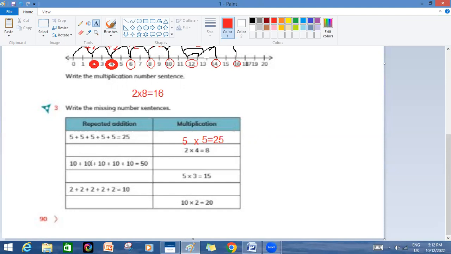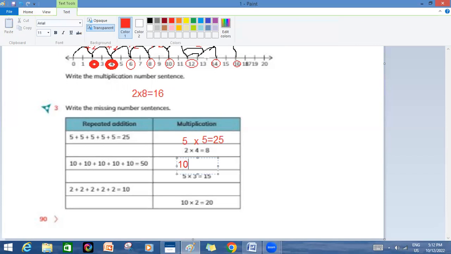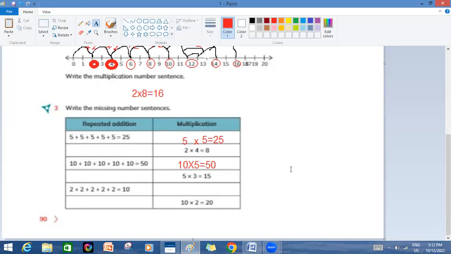Okay, next one is let's do the multiplication first, and then we are going to do addition. 10 plus 10, 10 plus 10, and plus 10. 1, 2, 3, 4, 5. So what we are going to do, 10, we are adding how many times? 5 times. So answer is going to be 50. Okay.